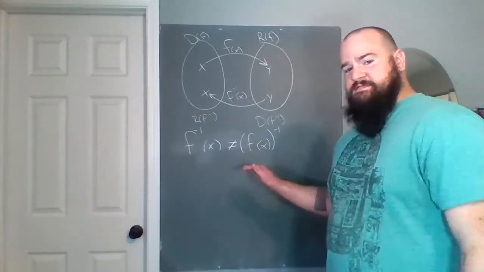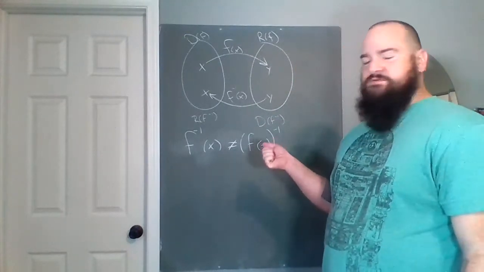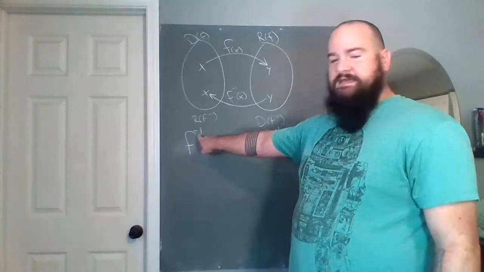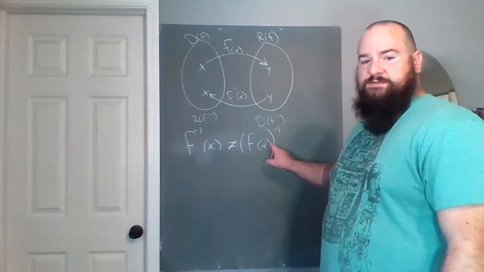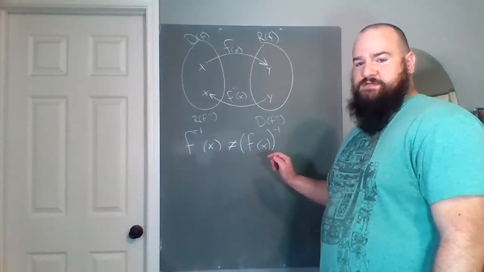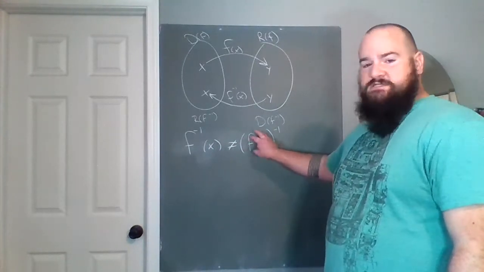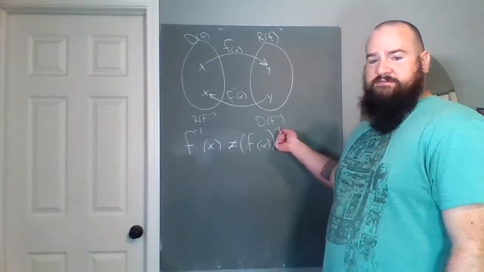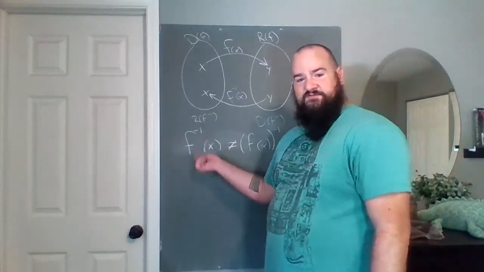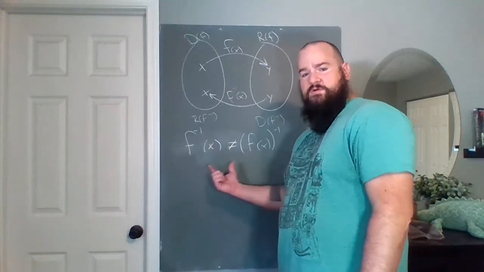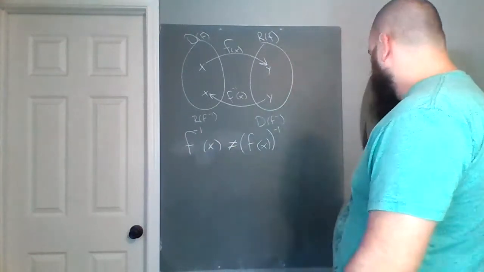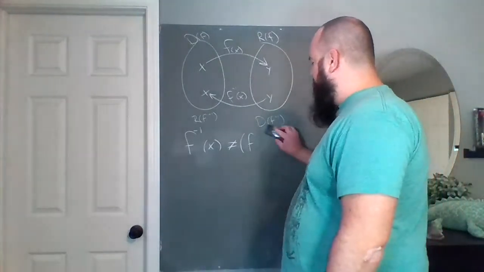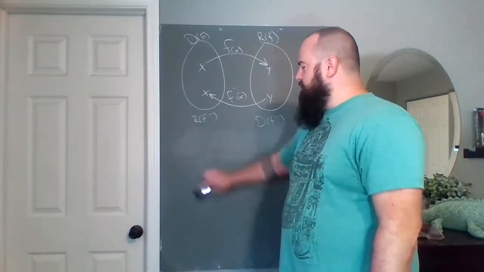Why are they not the same? The -1 here applies directly to the function name, whereas here the -1 exponent applies to the output of this function. Here, this is just whatever this number is raised to the negative first power, but this is the inverse function. So be careful with how you write that out. That's a quick bit of notation for you.